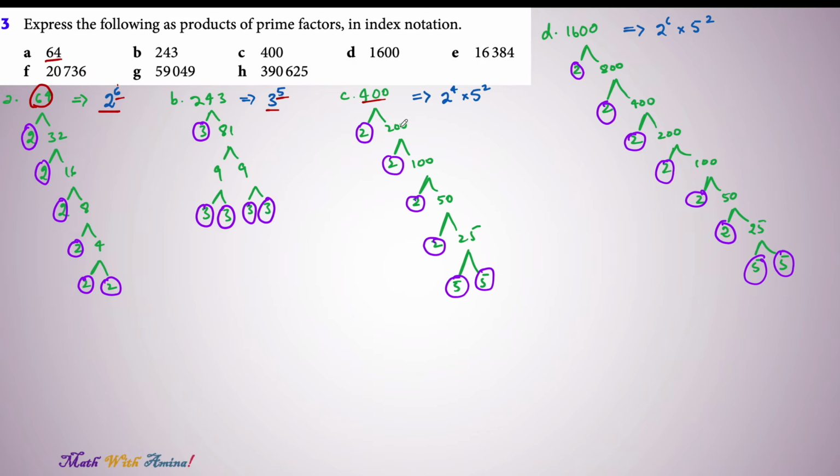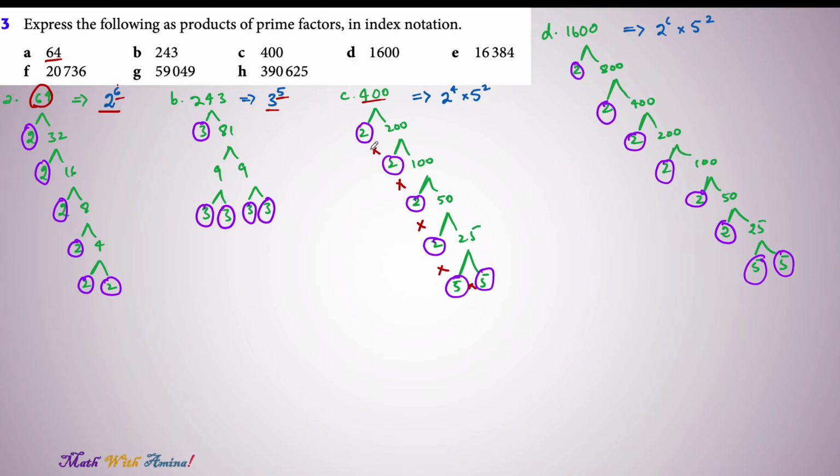Then we have 400. So 400, again using the tree diagram, is expressed as a product of prime factors. So it is 2 multiplied by 2 multiplied by 2 multiplied by 2 multiplied by 5, and then multiplied by 5. Once the number is expressed as a product of prime factors, we look at those prime factors and see how many times those numbers appear in the multiplication.